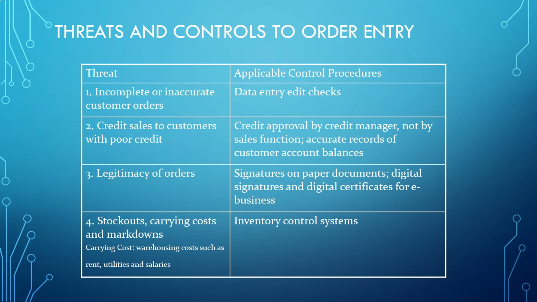The table in this slide lists the threats to order entry and applicable control procedures. For example, to ensure that the order is complete, with accurate customer information and correct order information, the company can apply data entry edit checks.